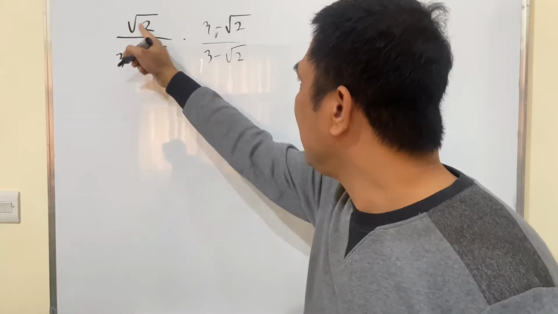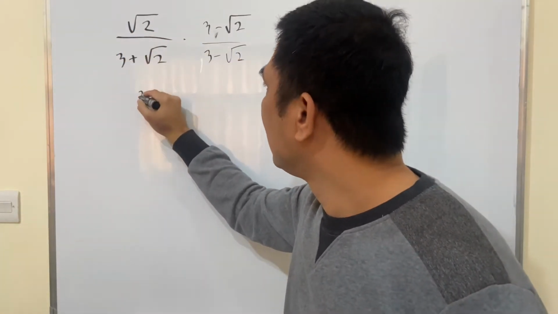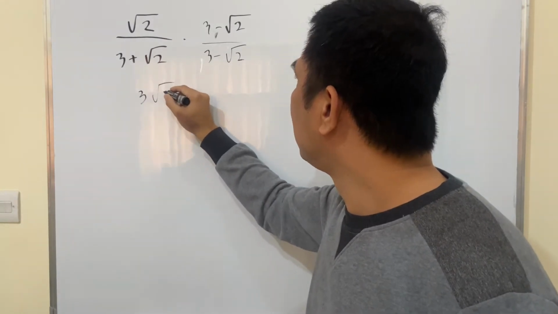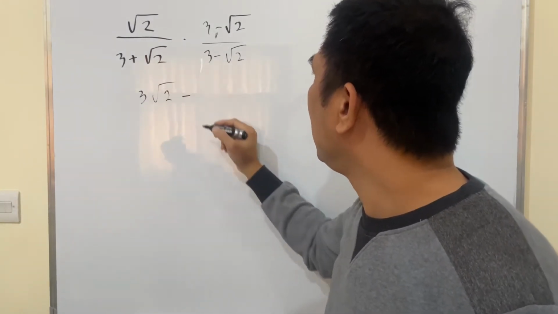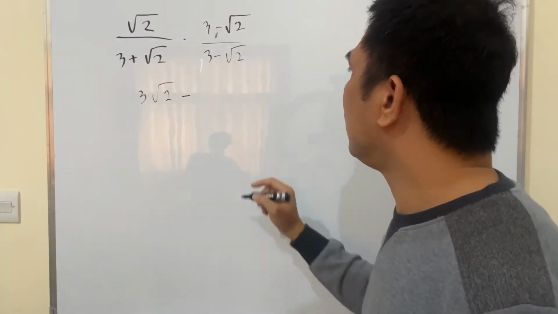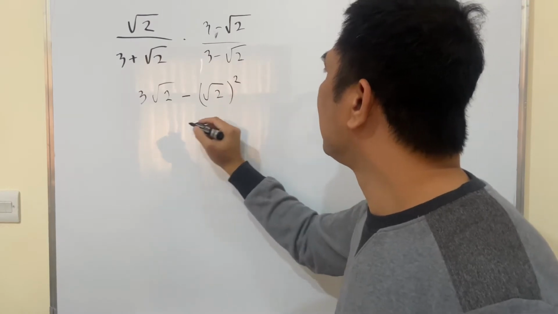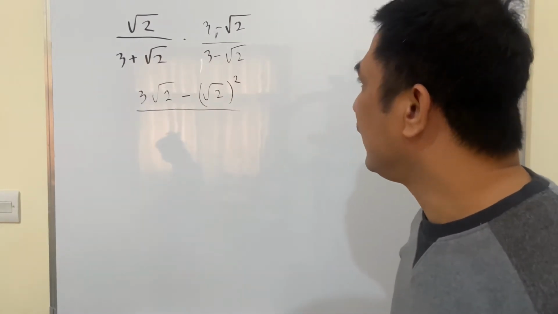So it will be here 2 times the square root of 2 times 3, it's 3 square root of 2, minus square root of 2 times square root of 2, that is square root of 2 squared, over, okay?